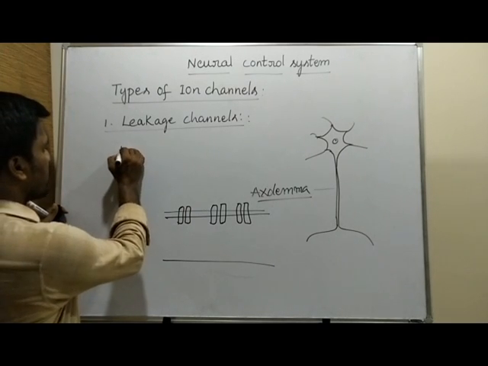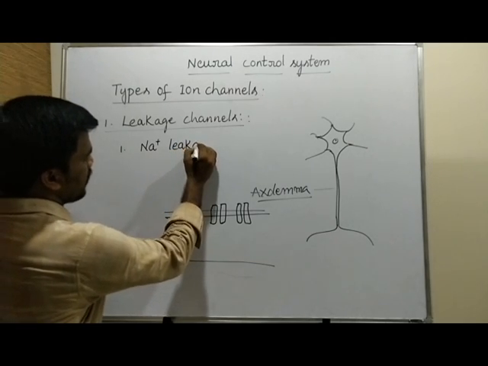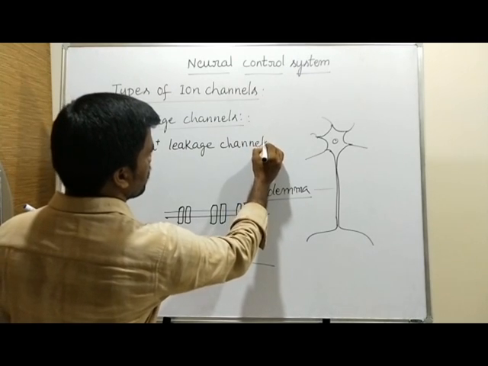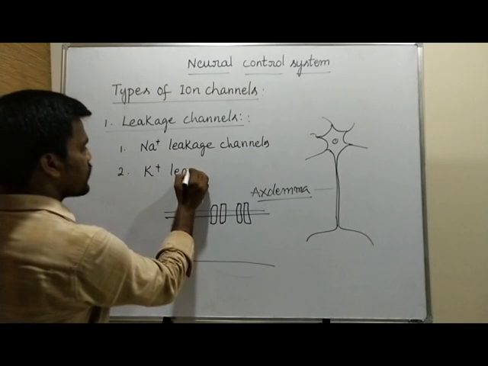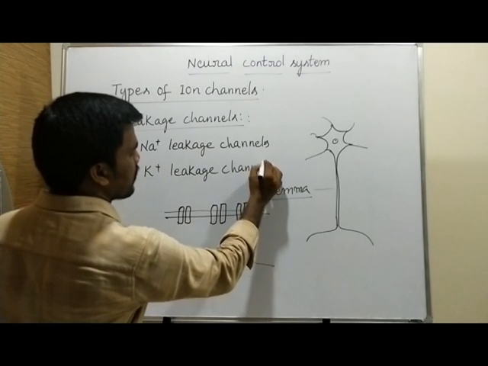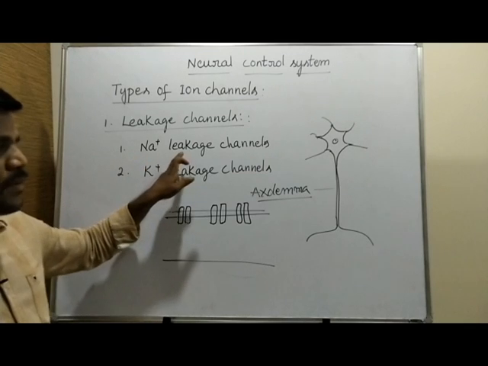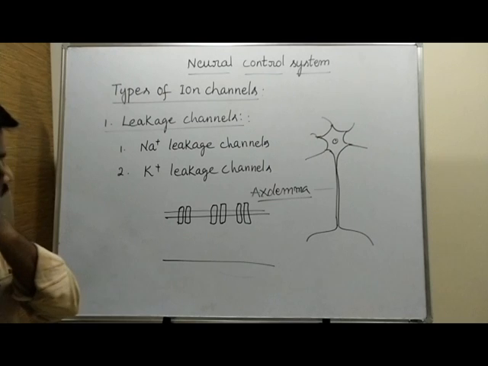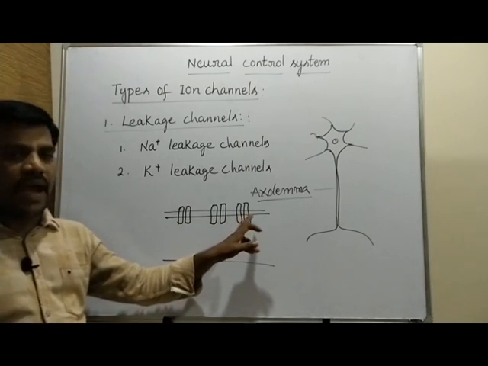The first one is sodium leakage channels, and the second one is potassium leakage channels. They are situated on the axolemma.